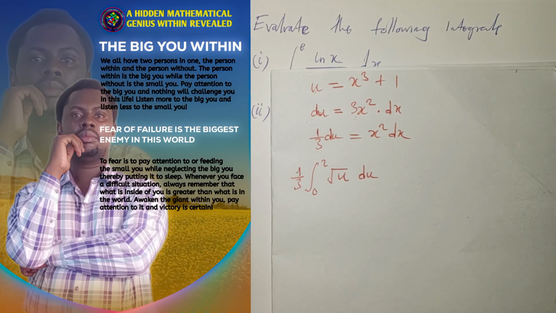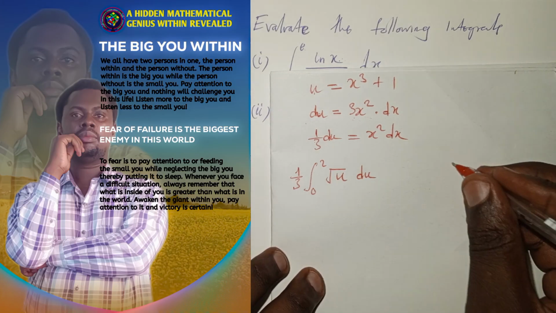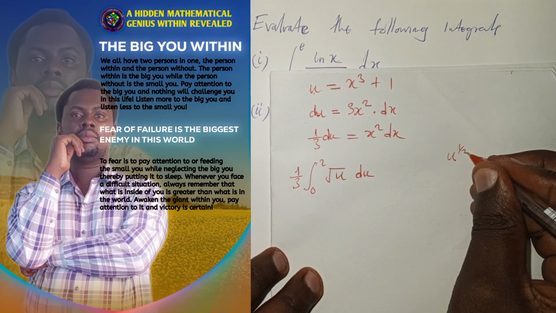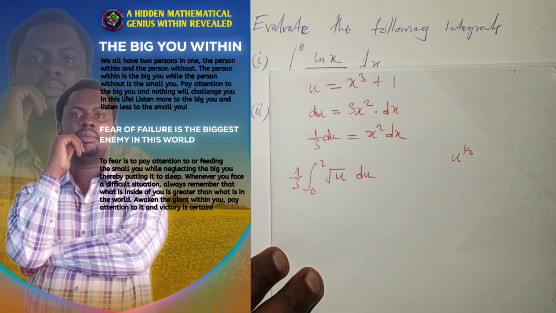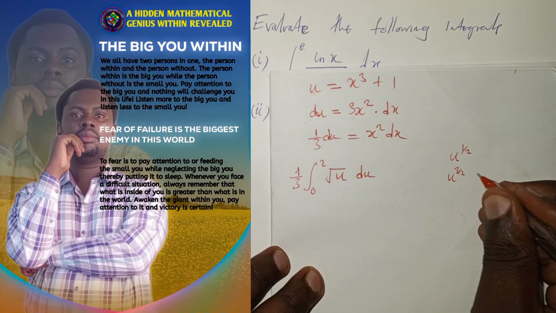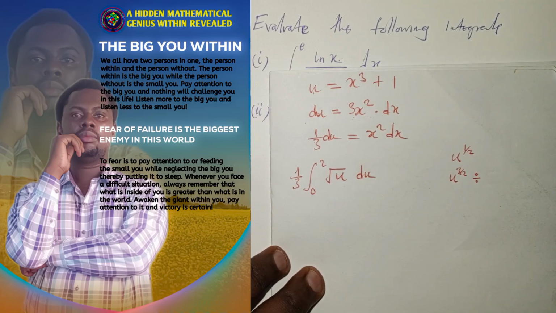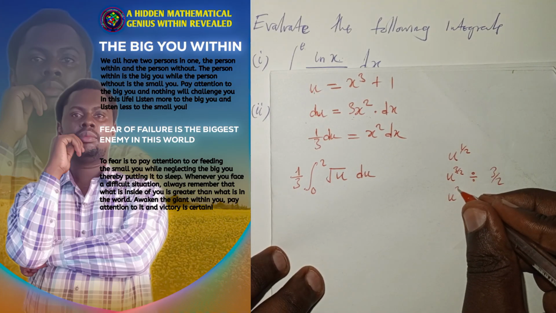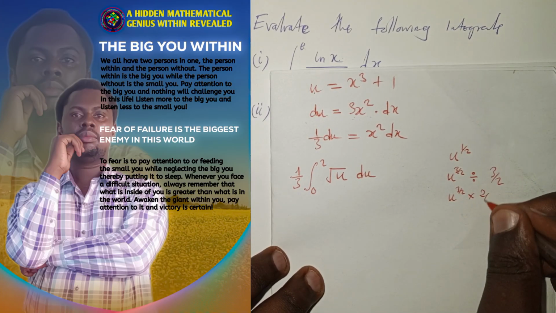How do you integrate square root of u? We know that for every square root there is a power of 1 over 2. So this is just u to the power 1 over 2. To integrate that, the power is added with 1, then you divide by the new power. So 1 over 2 plus 1, you get 3 over 2. So it will be u to the power 3 over 2 divided by 3 over 2, which is u to the power 3 over 2 times 2 over 3.